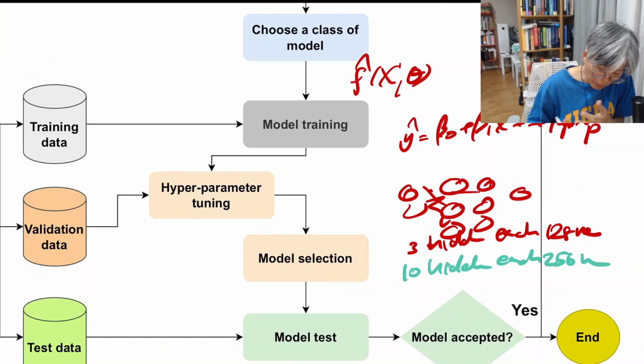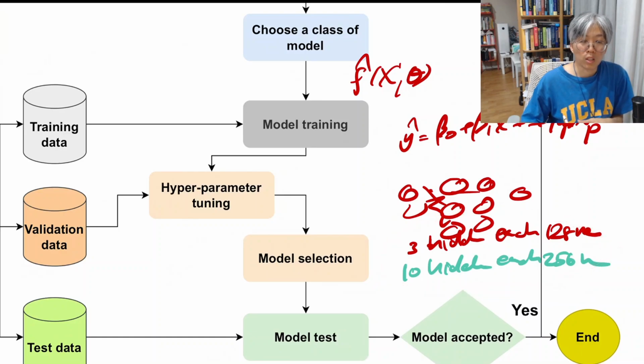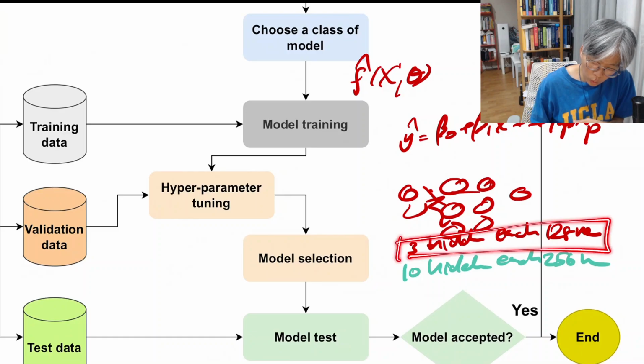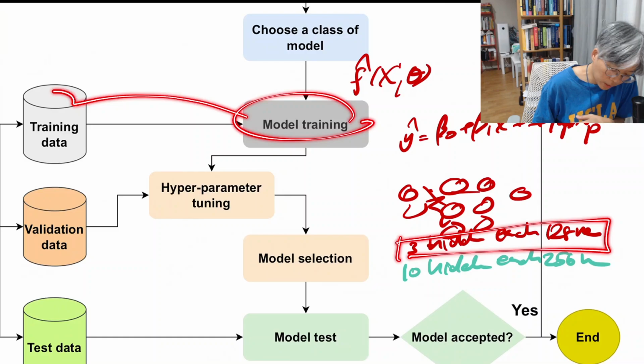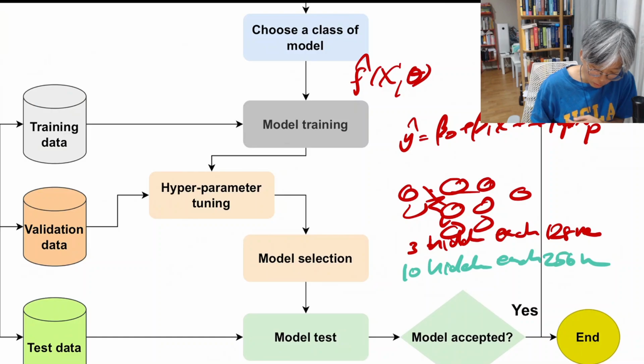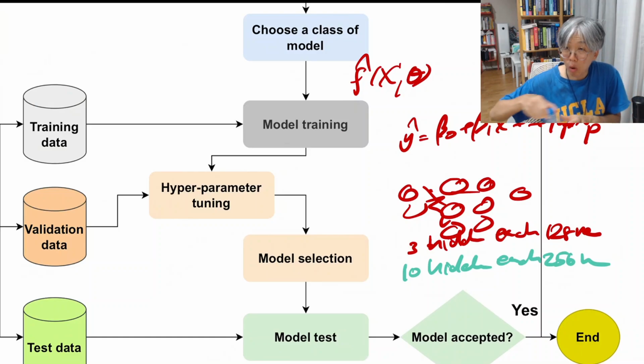So you can come up with a systematic way to construct a search space of your hyperparameters. For a given hyperparameter, you train a model on the training data set, but you calculate the validation loss on the unseen data set, and you pick the hyperparameter for which the validation loss is smallest.